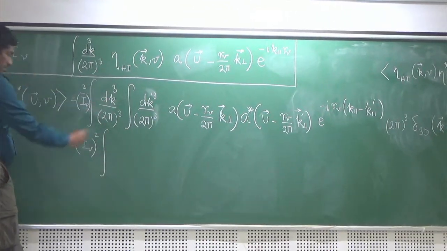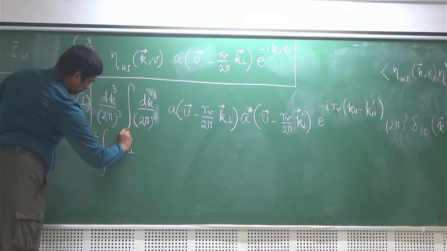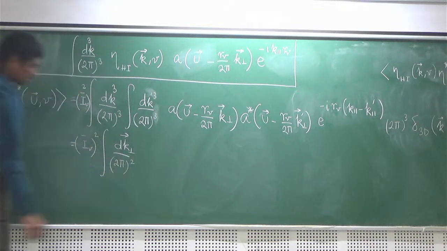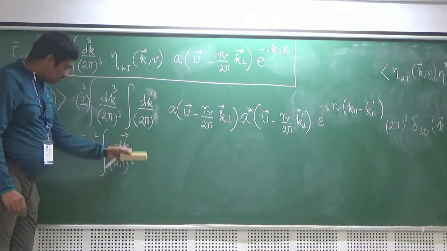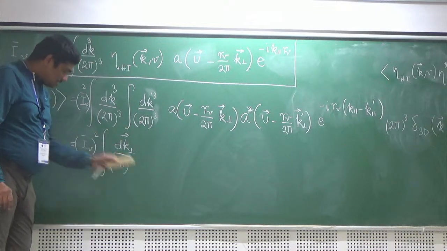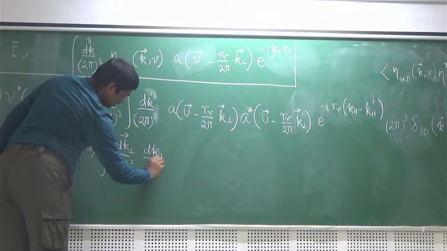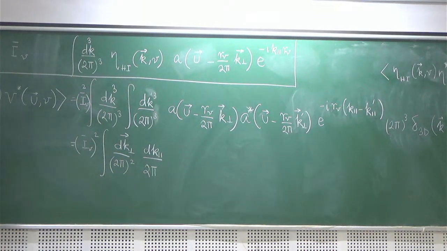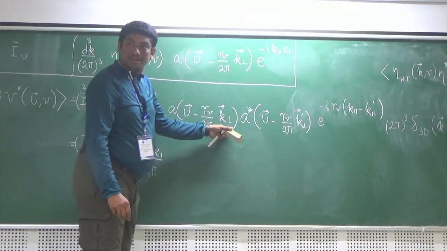And while writing the other integral, let me write it this way. Which is the K perpendicular integral. This is the two-dimensional integral, so I have taken 2 pi with this. Then there is a K parallel integral. This K perpendicular prime has become K perpendicular now.